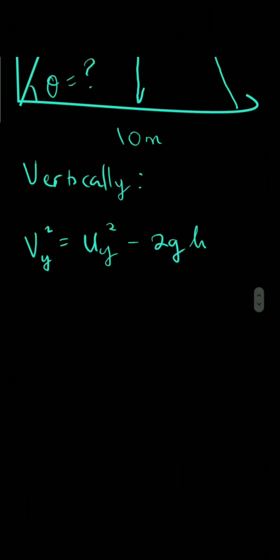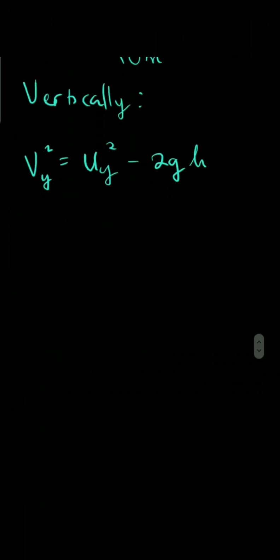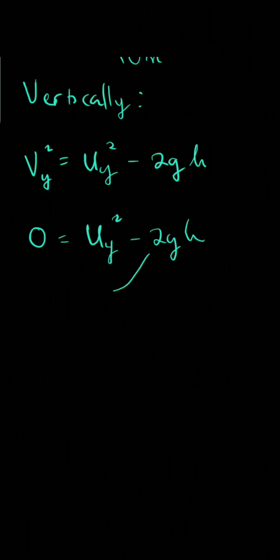So coming back to our equation, the final velocity is 0 at the peak or at the highest point reached. So I get a 0 there. Then this will be equal to the initial component in the y-axis squared minus 2gh. So we're going to move the negative 2gh to the left, making it positive.